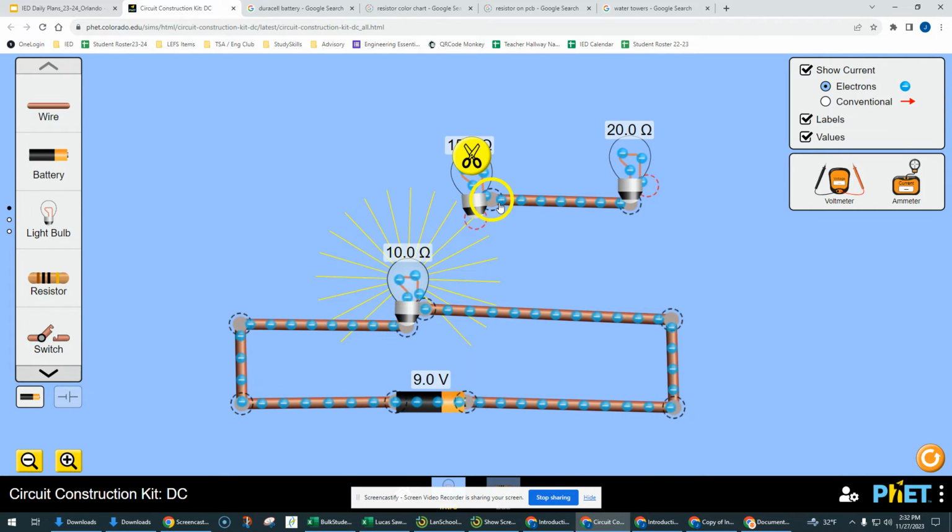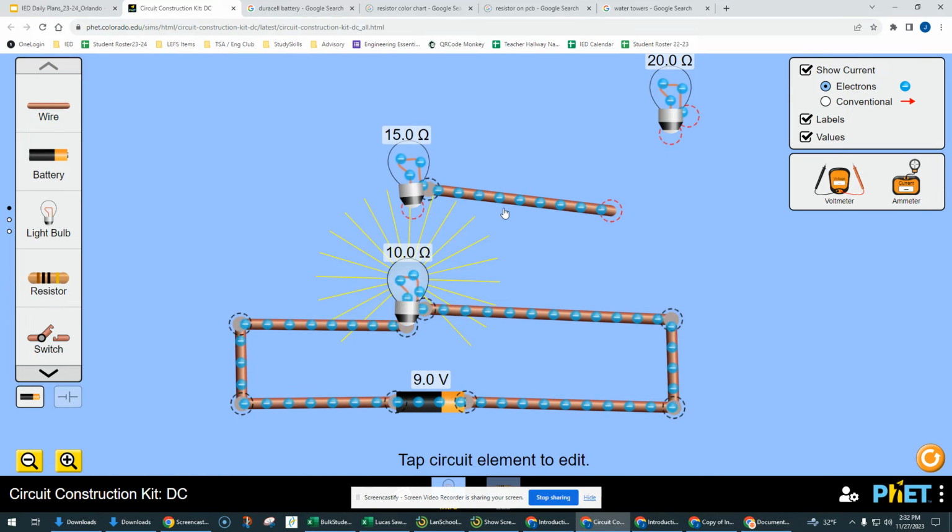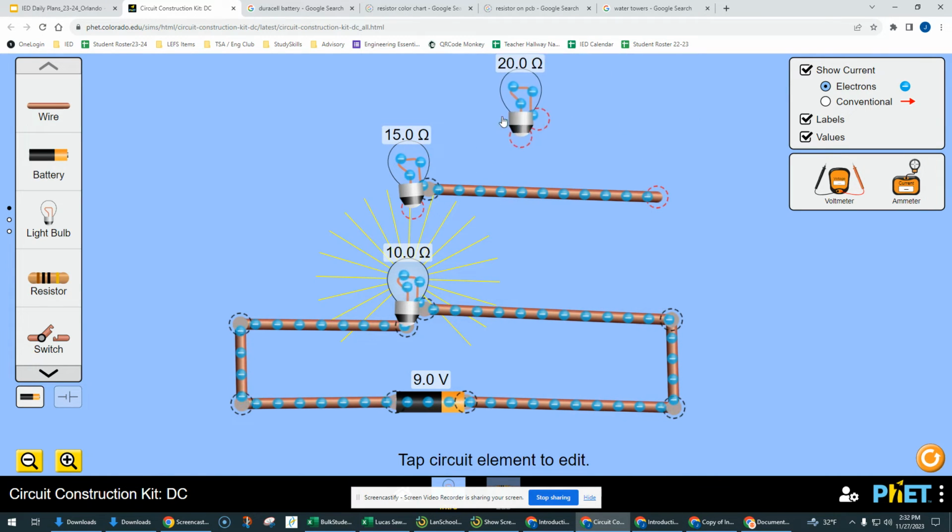So now, instead of leaving this circuit right here, where there's just one light bulb on, I'm going to modify it. As the electrons come out of the battery, they're going this way, right? They hit a connector. There's no choice on where to go other than follow this new wire.